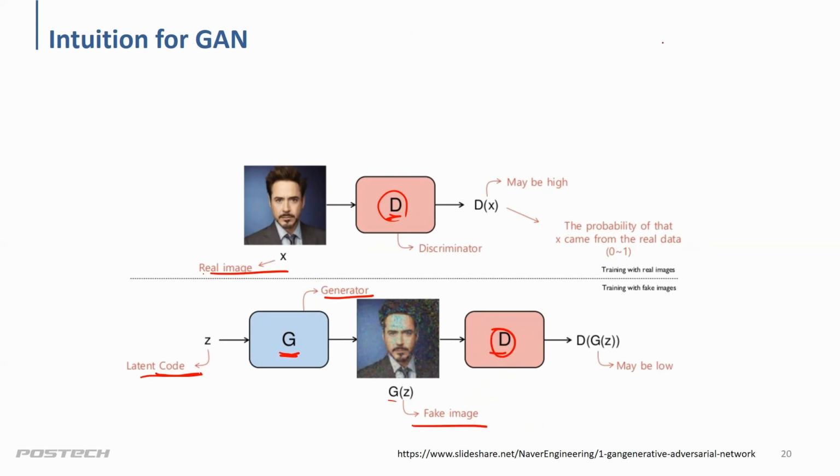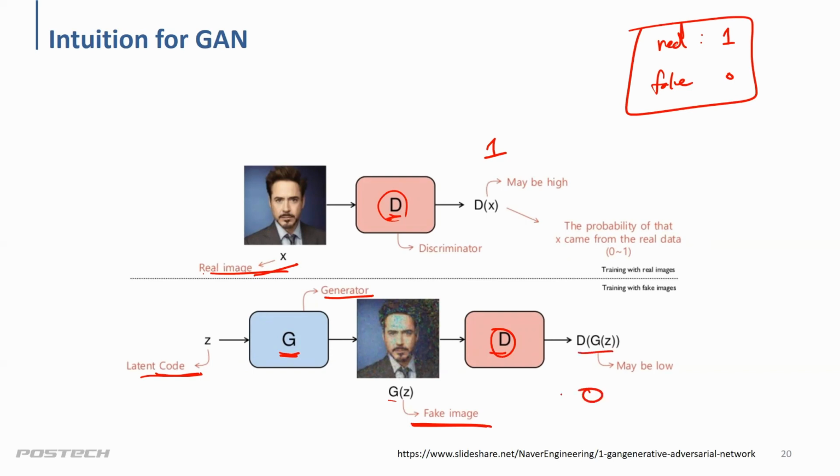We say the label for real is 1, and fake is 0. Since this is the real one, the discriminator should say 1, right? And for fake data, we take the fake data as input, and this one should say 0, which is fake.